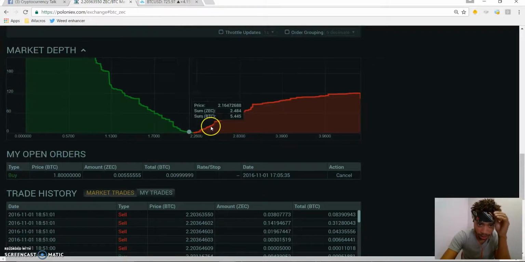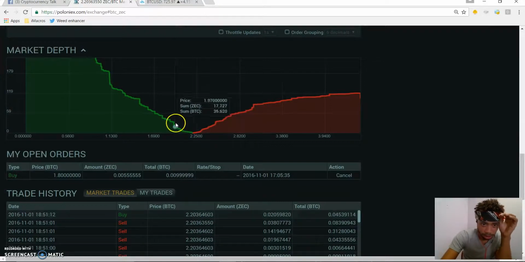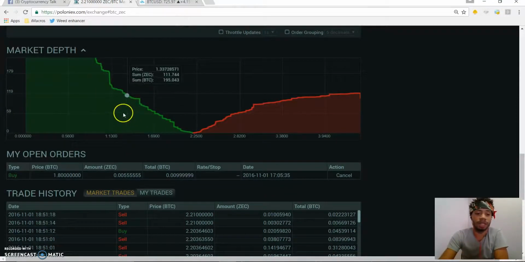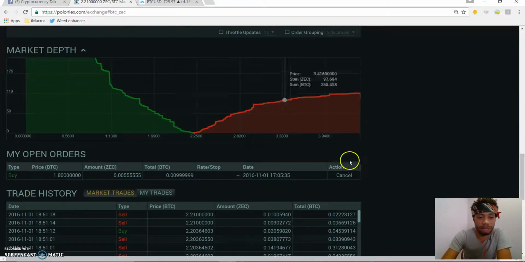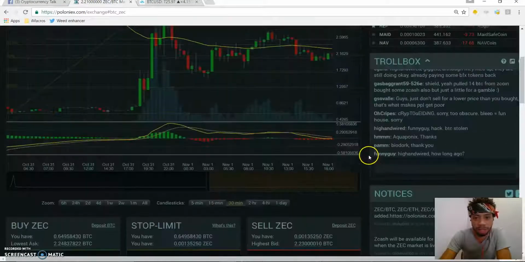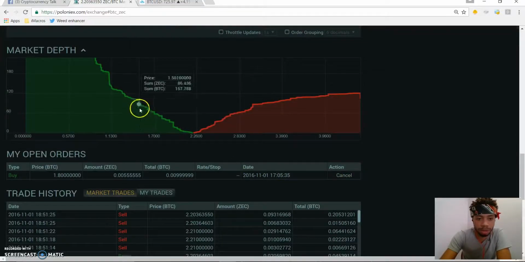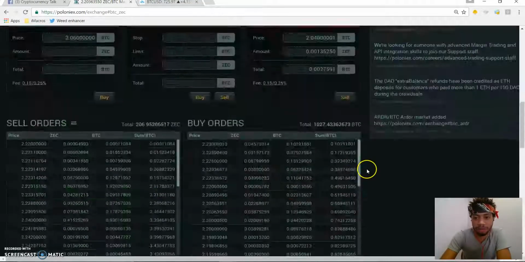Kind of short term wise, you got more on this side. This side is bigger. More people want to buy it. A lot of people want to buy it. That's at 1.3. Let's see. Yeah, that's where everybody wants to buy it at 1 point, or really before, let's say 1.5.